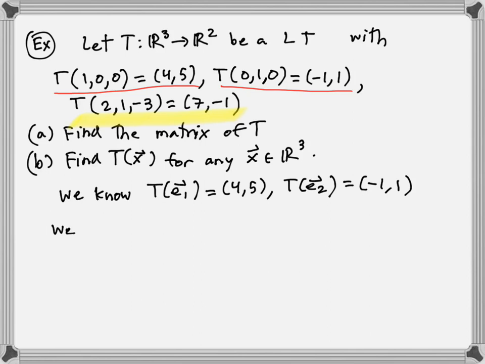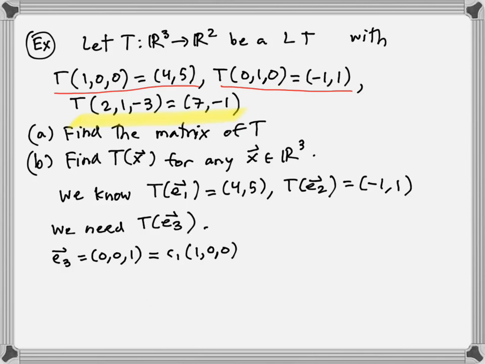So we need T of E3. So the trick is going to be to write E3, which is (0, 0, 1), as a linear combination of the ones that are given in order for us to figure out where T sends it. Okay? So we need to figure out what C1, C2, and C3 are in order for us to write it in terms of the other basis.